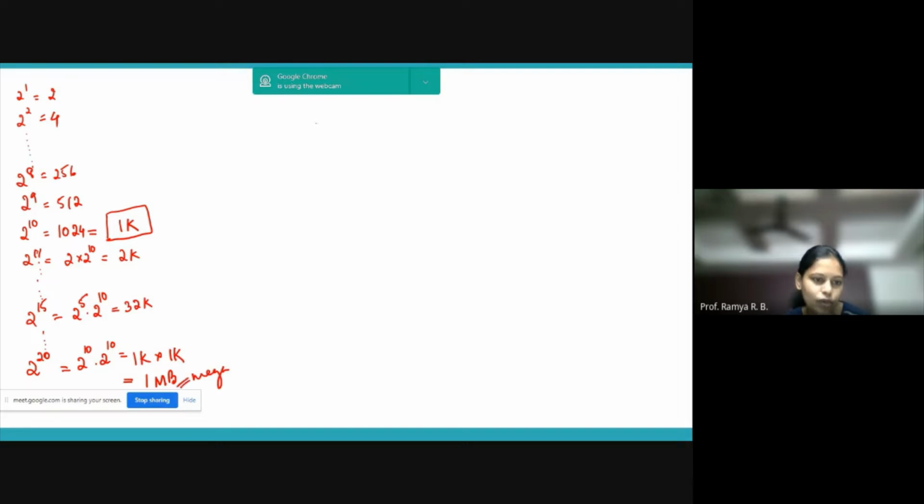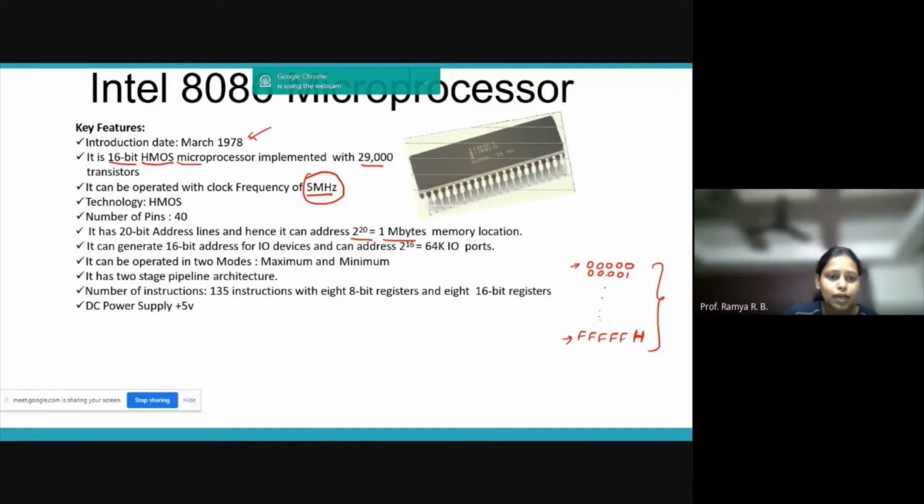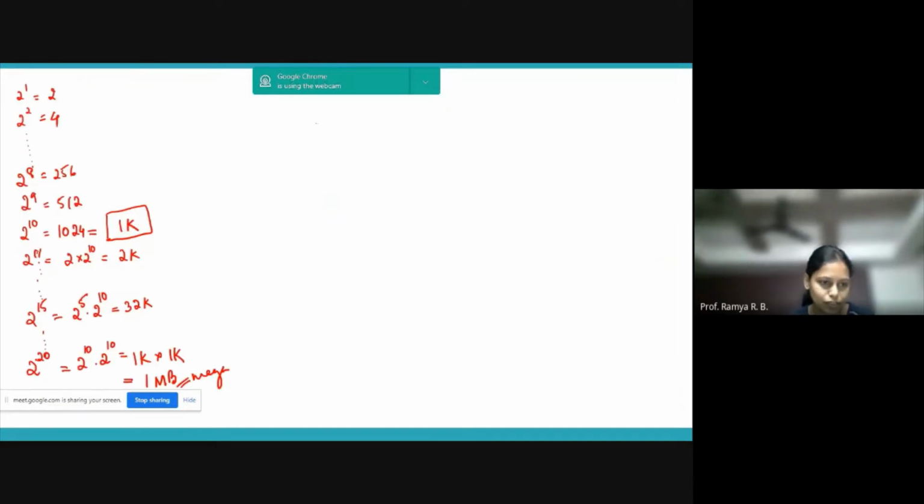How many address lines does 8086 have? 20 address lines. That means it can access 2 power 20 memory locations, which is 1K into 1K, equal to 1 megabyte. That is why I told you 8086 can access 1 megabyte of memory.